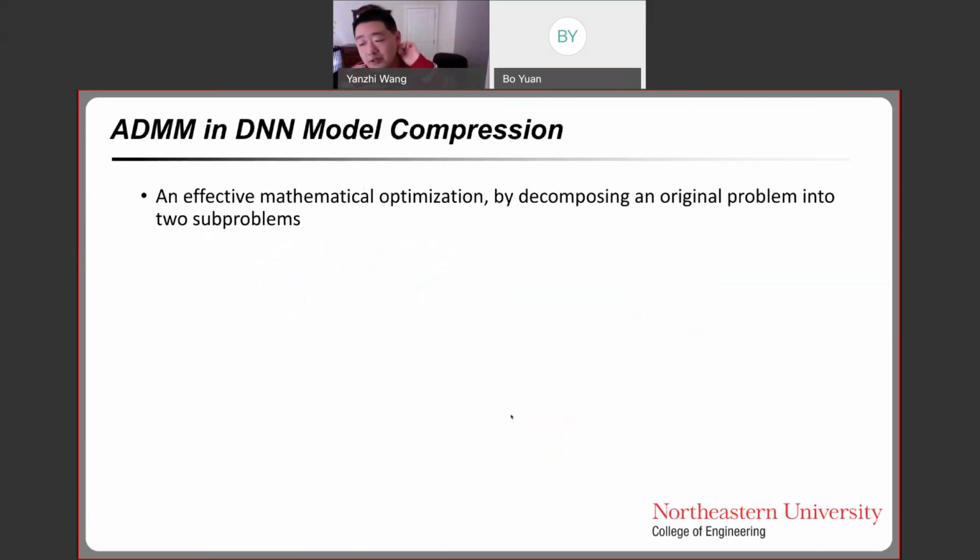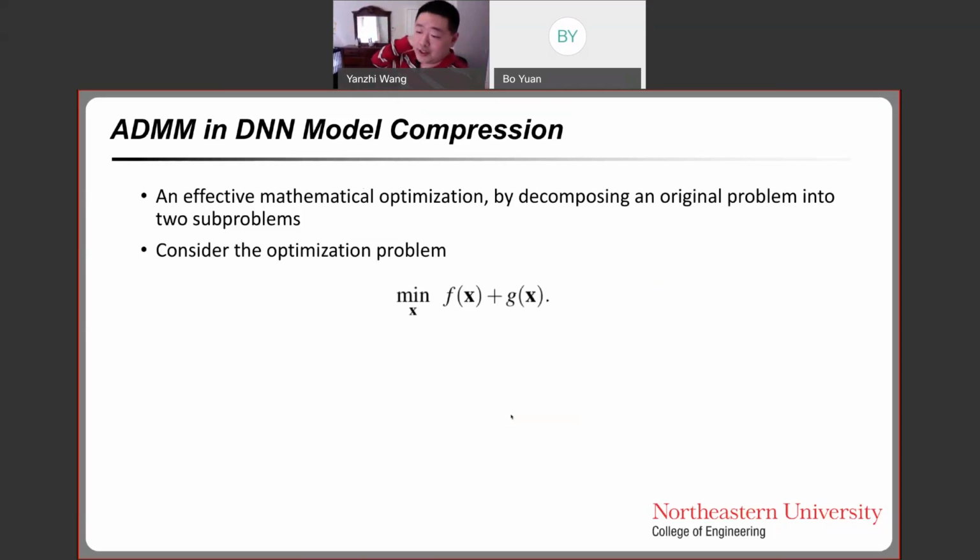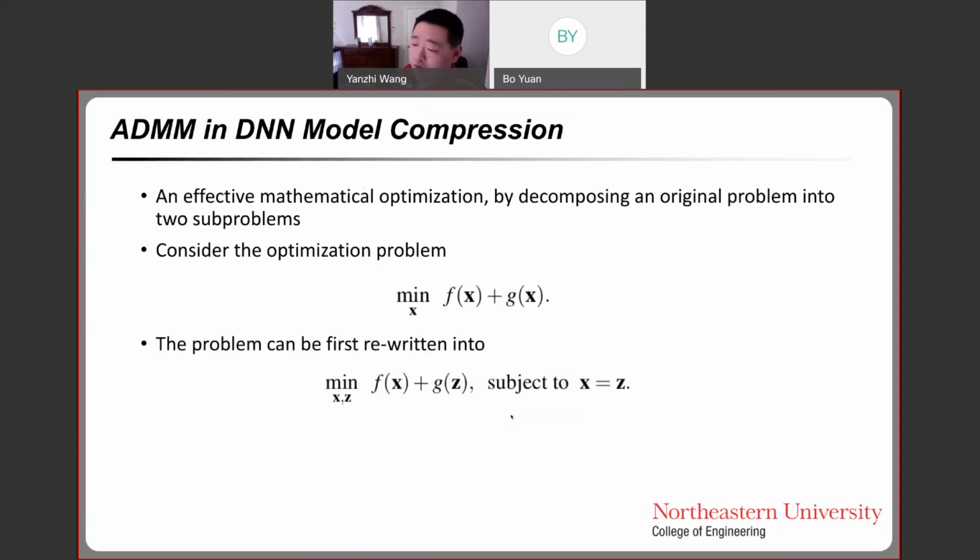The motivation to use ADMM is that it is an effective mathematical optimization method that decomposes an original problem into two subproblems. If we consider an original problem, f(x) plus g(x), where we want to find x, in ADMM we first rewrite it as f(x) plus g(z), subject to the constraint x equals z.